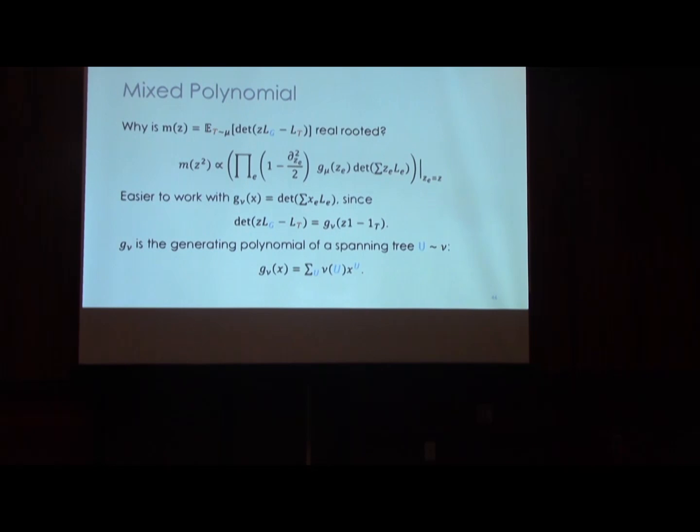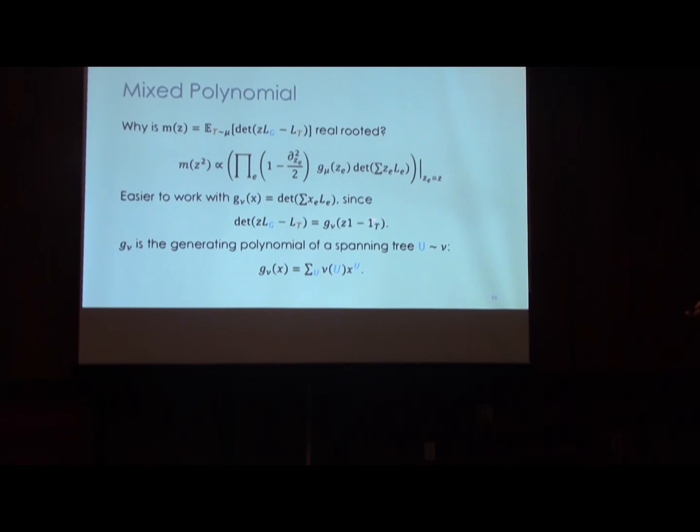So in this mixed polynomial, this determinant, you can actually describe it in terms of this generating polynomial of nu. So if you think of what g nu of z times the all ones vector minus the indicator vector of a tree T is, if you plug this back into this determinant, from z times 1 you would get the sum of all LGs, which would give you the LG here.